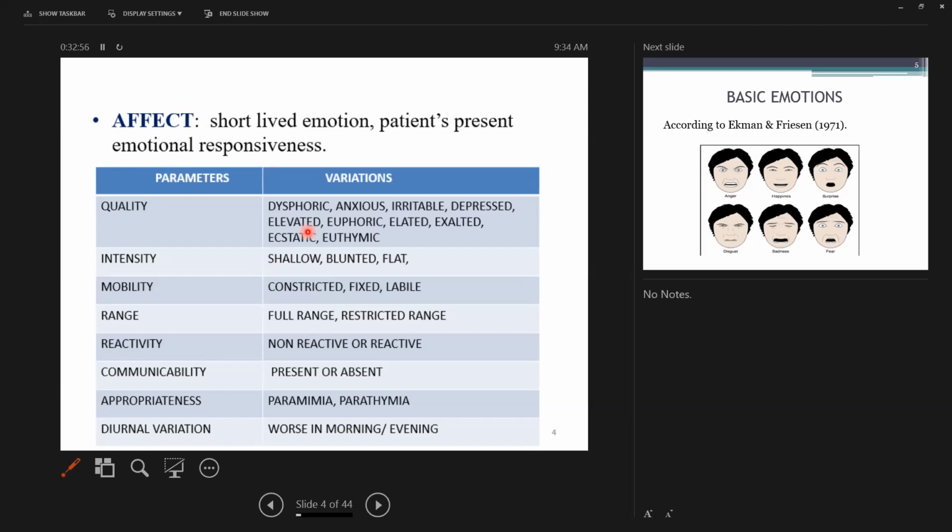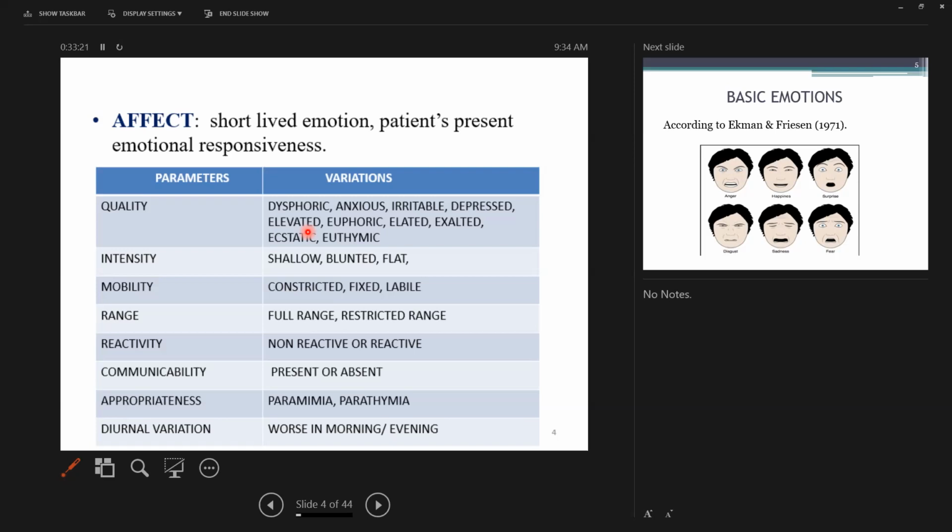So it's a little difficult and very important. I think affect is a very important event in a mental state examination, where most of the examiners will land up. I've never seen anyone who has not put an emphasis on this area. So we were grilled on this very important presentation.